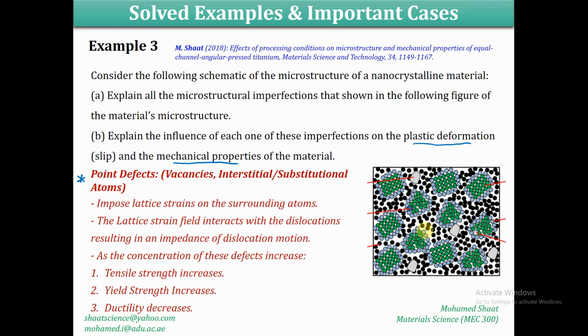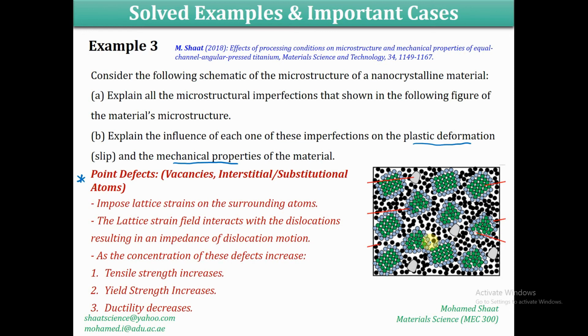Then you can explain simply the strengthening mechanism due to alloying, because of the existence of this substitutional atom, we are expecting that the strength of the material is going to increase, and the ductility could decrease because of the lattice strain that is going to be generated within this grain.